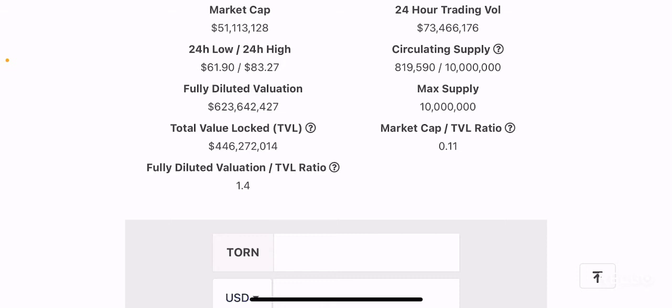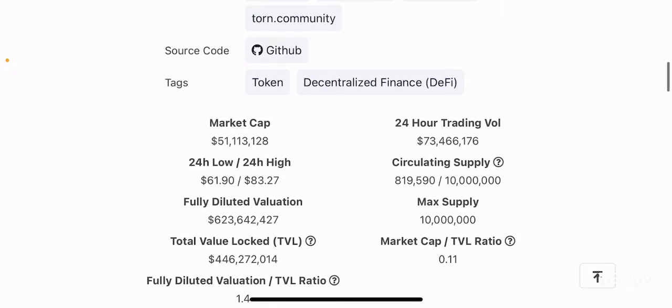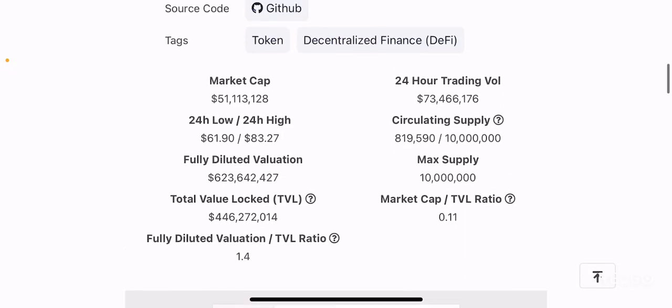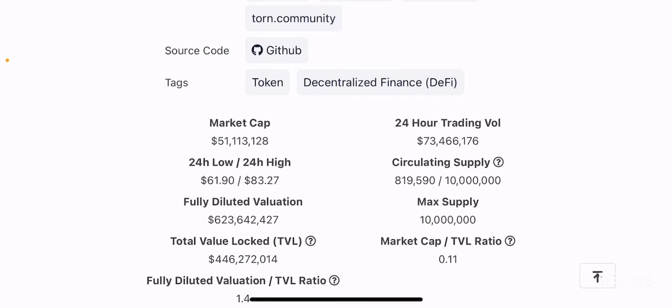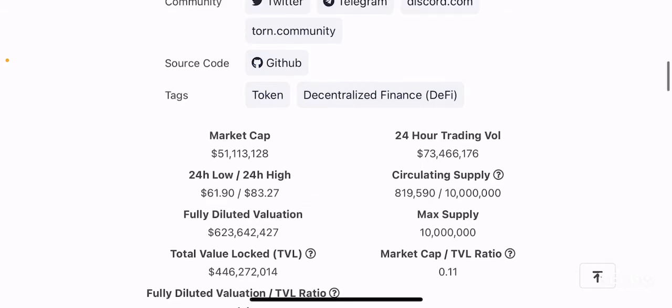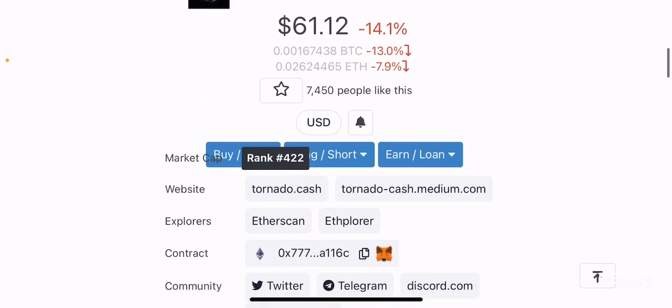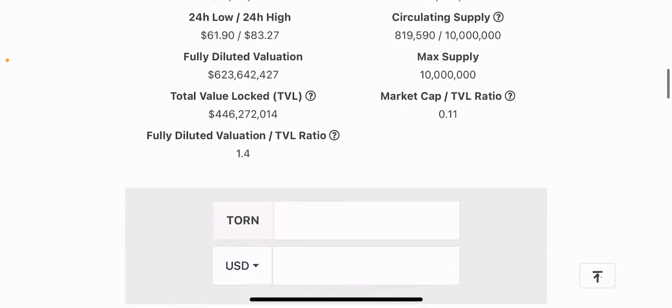But in this case, the value is obviously less than 1, which is basically 0.11, which means that this token is relatively undervalued. And as I said, even if this token were to have a market cap of close to 1 or even equal to 1, I would still say this token is undervalued because of what kind of potential this token has to offer in the future, right?